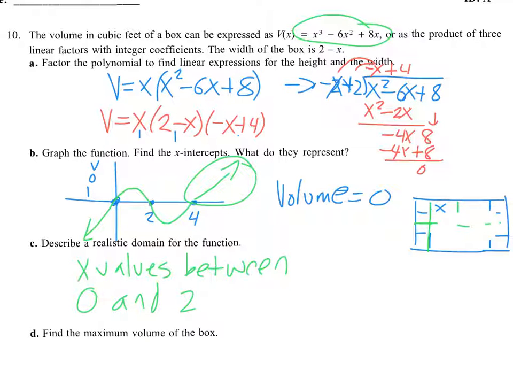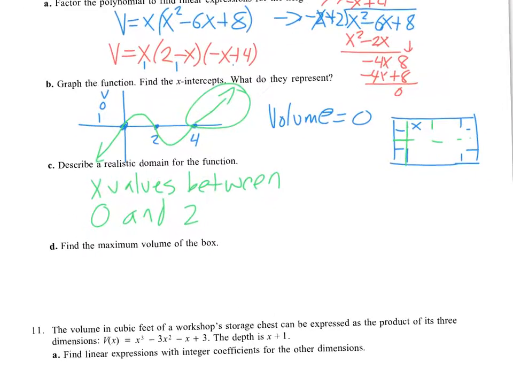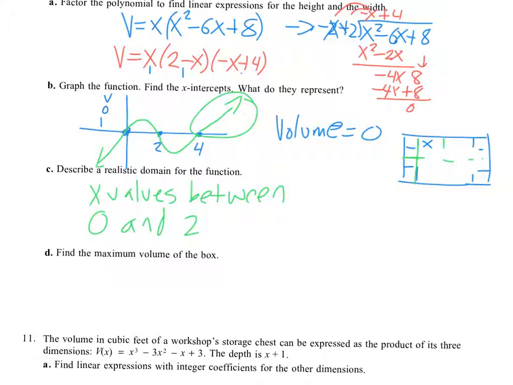But because of what we expect to be true about this, which is formed from cutting the corners out of things, that domain makes at least some sense. Maximum volume for this you've got to use a graphing calculator for.